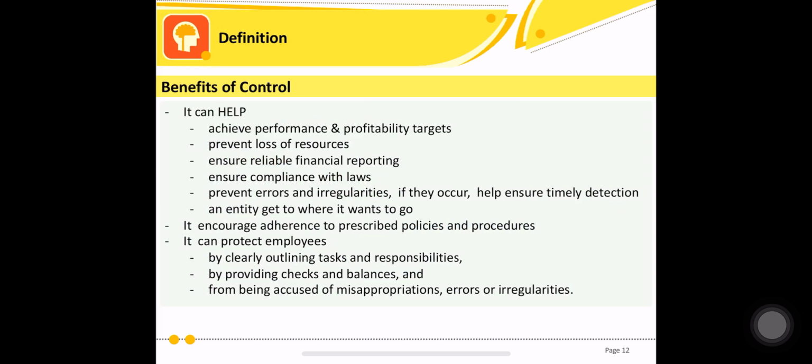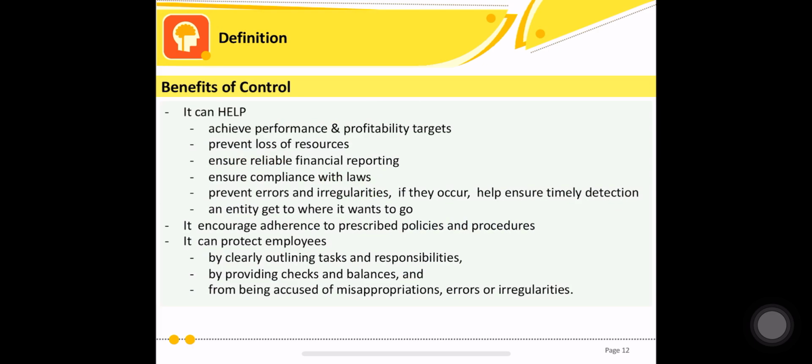So, going on. What are the benefits of having controls or implementing controls? Number one, it can help achieve performance and profitability targets. Remember, the generic objective of each company is to gain profit.